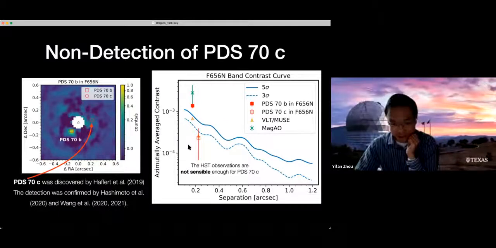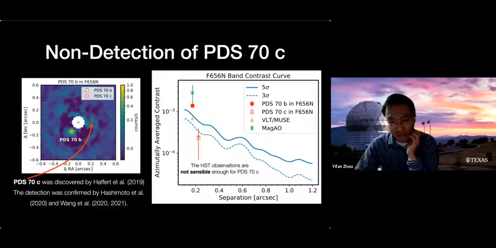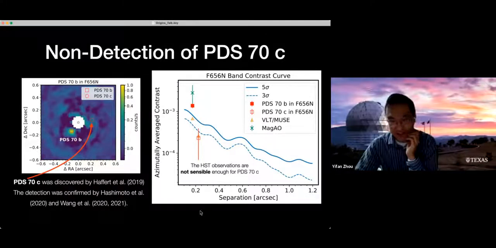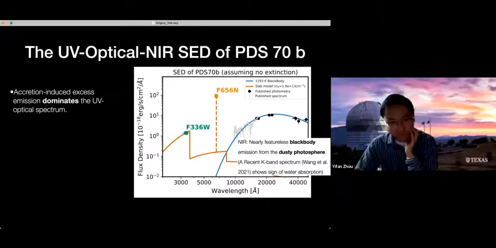So the non-detection is expected and does not contradict the previous observations. It's just unfortunate that we didn't propose long enough observing time to get the detection of PDS 70c. So let's focus on b.